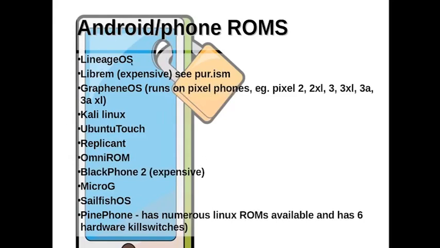LineageOS provides the option to not have GApps, Google Apps, on your phone, to remove that corporate surveillance off of your phone, because I think data which is taken by corporations can also be intercepted by the state. So if your device collects less data on you, there's less data to be taken from you.